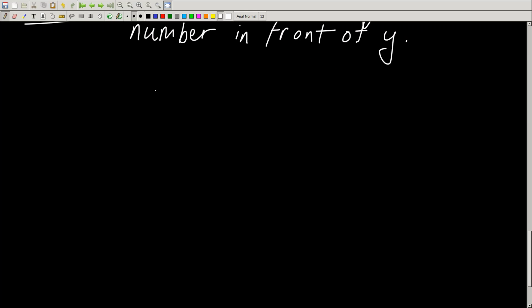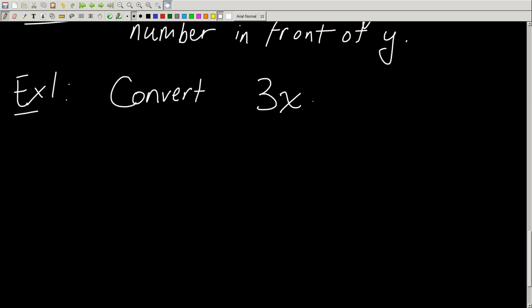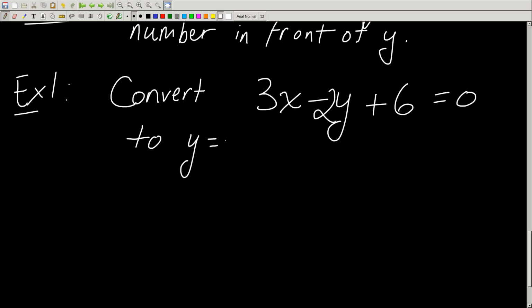Here we go. So example 1. Convert 3x minus 2y plus 6 equals 0 to y equals mx plus b.